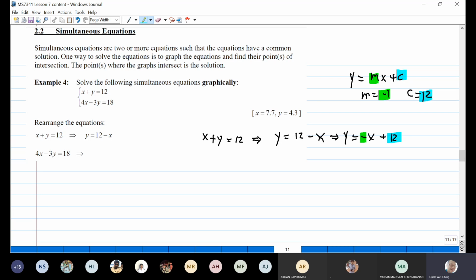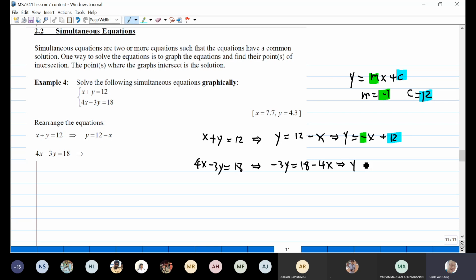How about the second equation? You have to arrange it, making y the subject on the left hand side. So we have 4x minus 3y equals 18. Make sure you have y on the left hand side first. So minus 3y equals 18 minus 4x. Move the 4x over, then divide everything by minus 3.